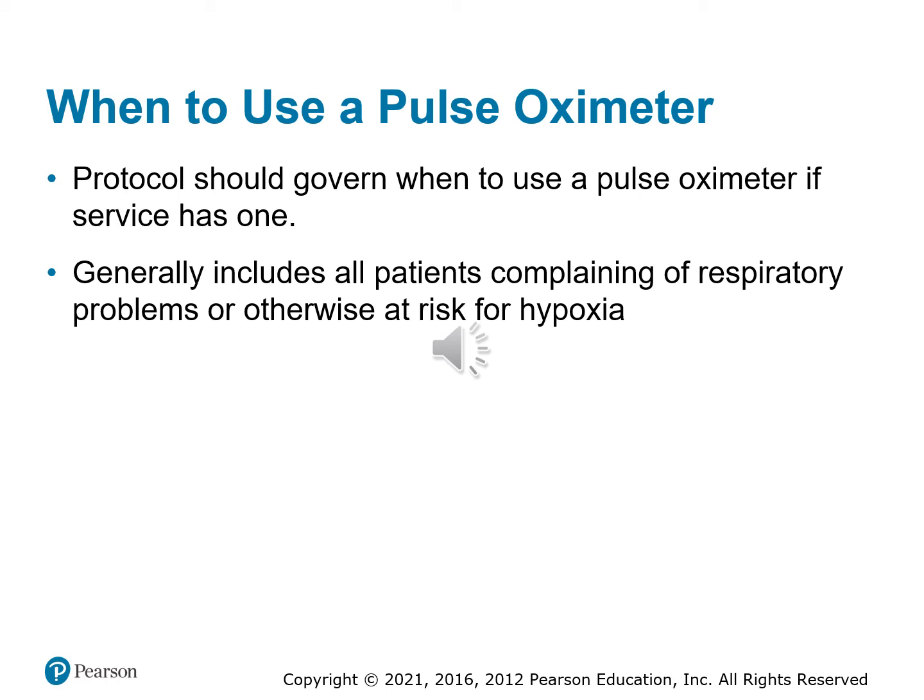Generally, what we're looking for is that number up around 100. As it gets lower, it's going to indicate possible different levels of hypoxia through the body. So it's going to indicate basically some respiratory problems that you could have going on.